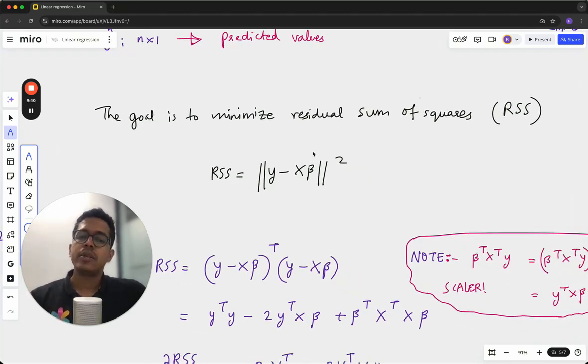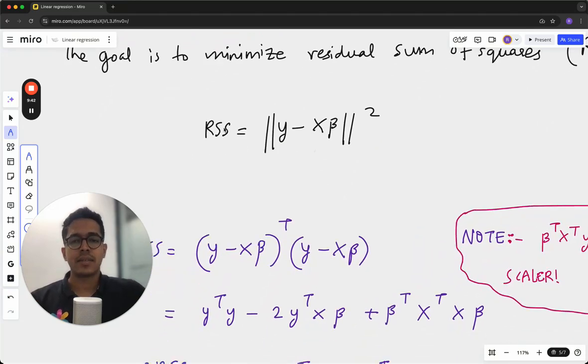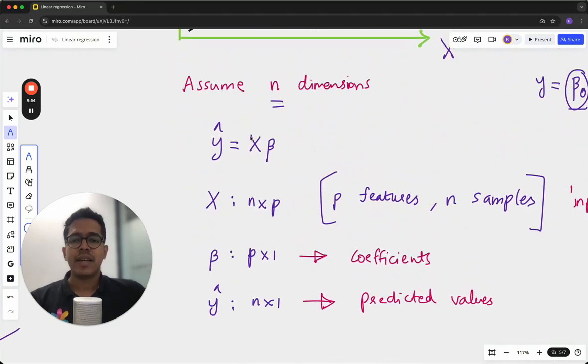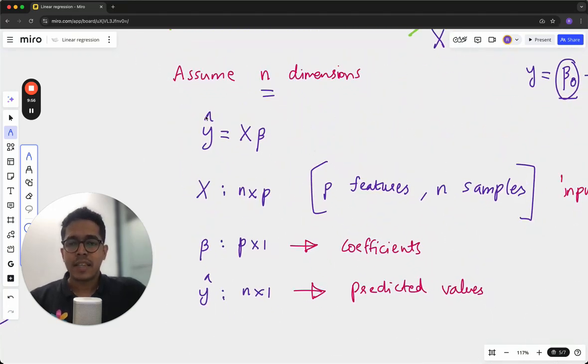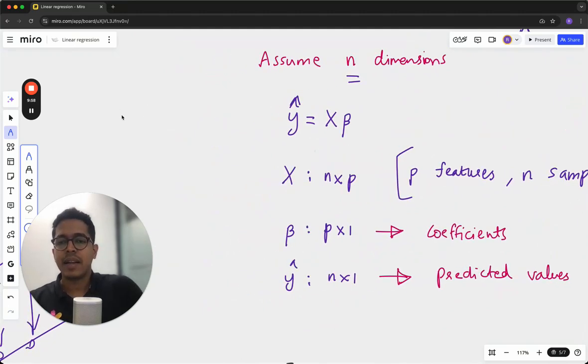So now how do we represent it in terms of matrices? It's like this. Residual sum of squares, RSS, equals the absolute value of y minus x beta, the whole square. Why have we written y minus x beta? Because we were trying to say that x beta is the predicted y, that's why there is a cap here. But in reality, the actual y values only approximate x beta.